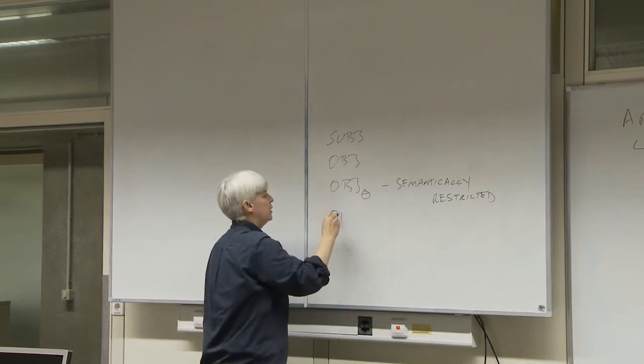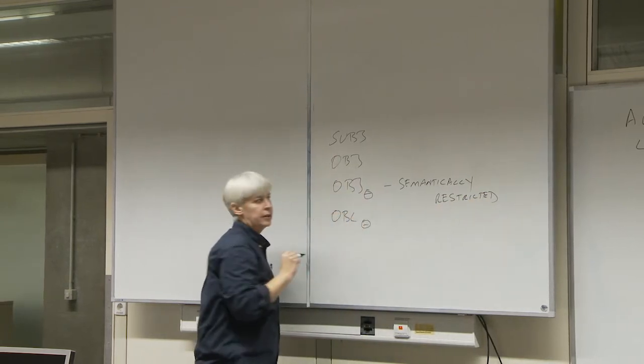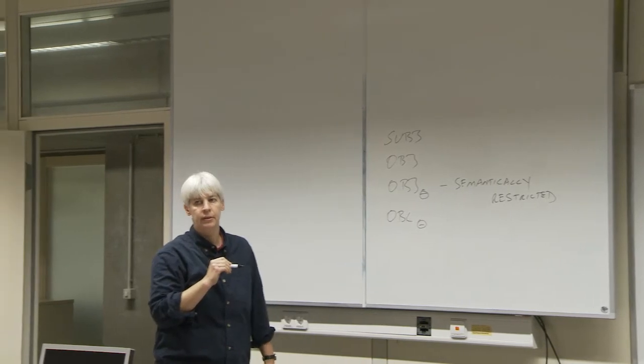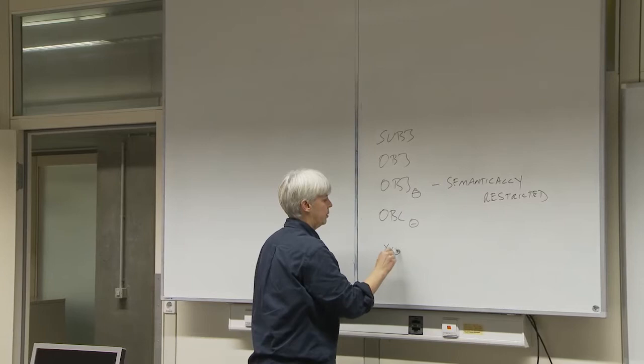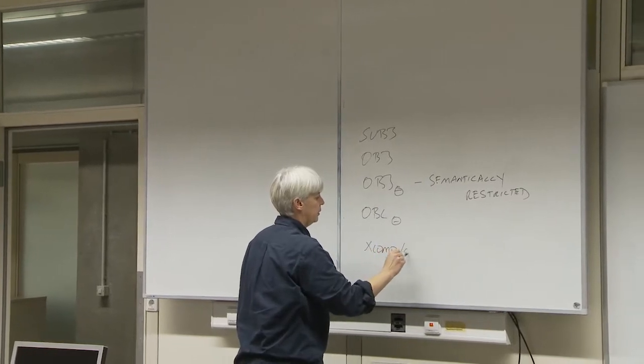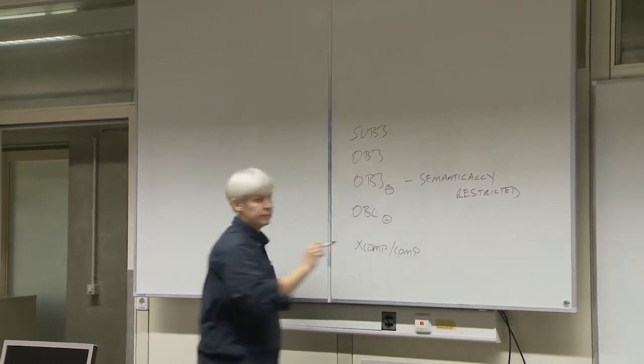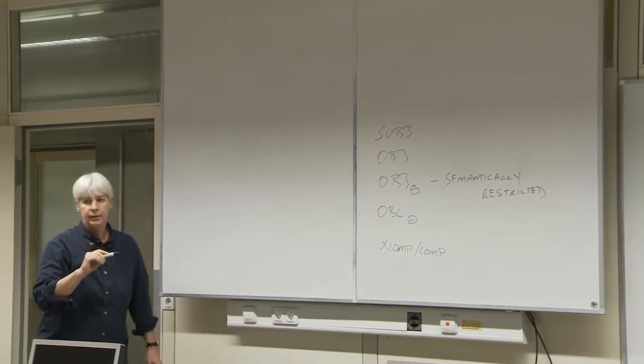We had oblique theta. So these are our main ones. And then we had XCOMP and COMP.